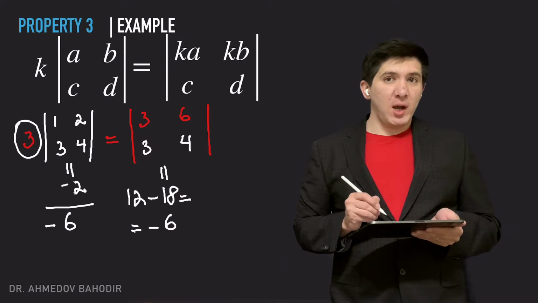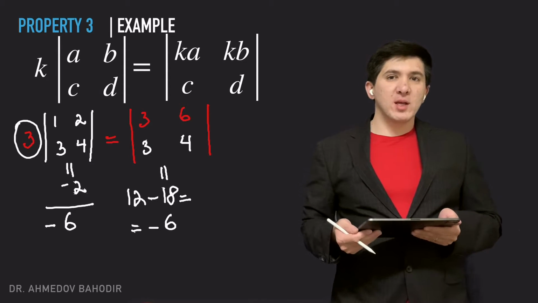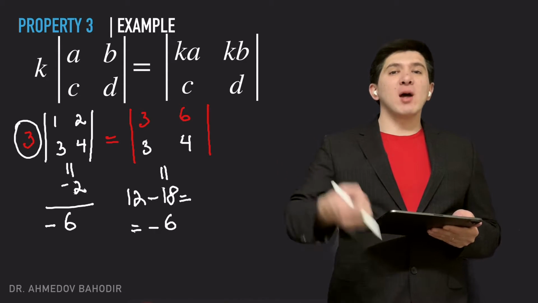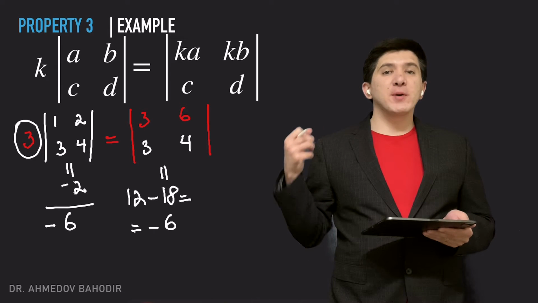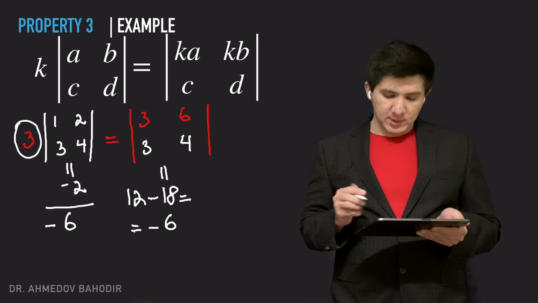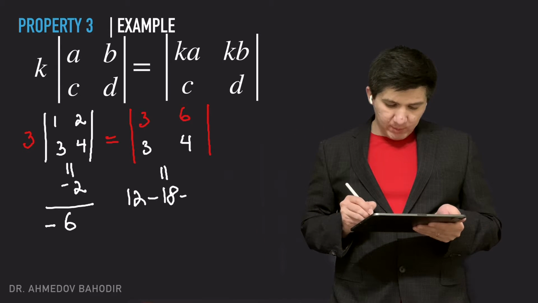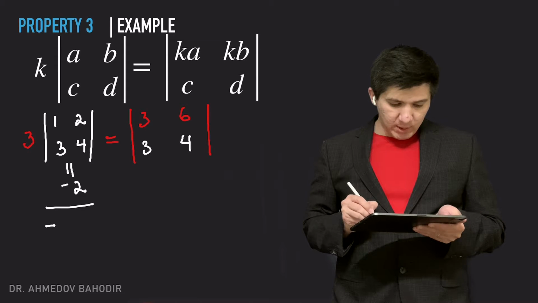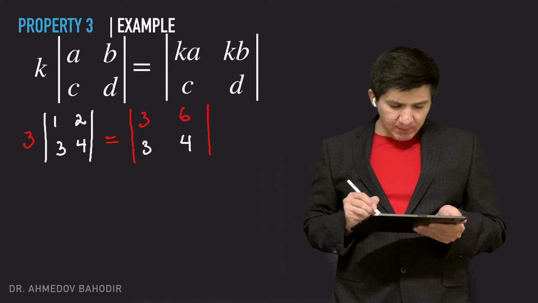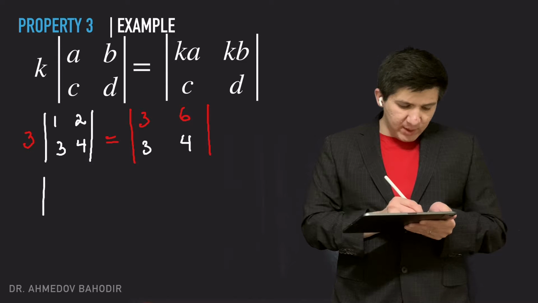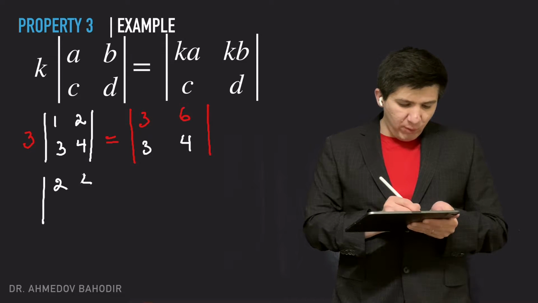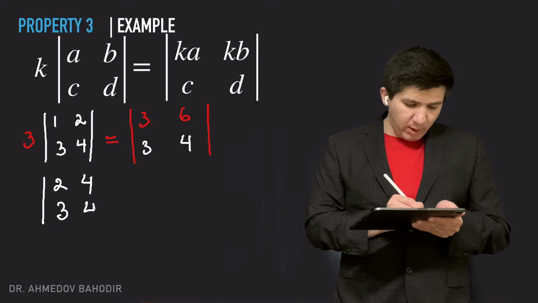At the same time, this property is important because we can extract a constant from a particular row of your matrix. So I'm going to rewrite this. Sorry, one more time. Let's say you are given this matrix: 2, 4, 3, 4.